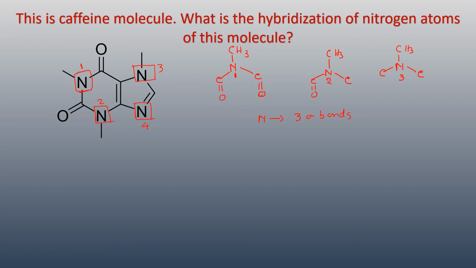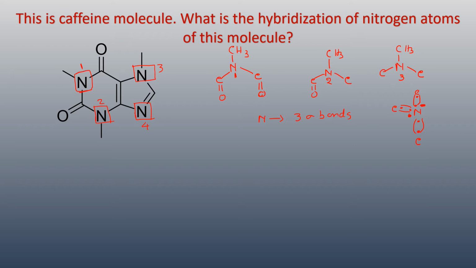And we know nitrogen has 5 valence electrons. So if I draw the valence electrons like that, 1, 2, 3, 4, 5, three electrons are shared with 3 different carbons. So that means here we can see that one pair is paired, so one lone pair of electrons is present.